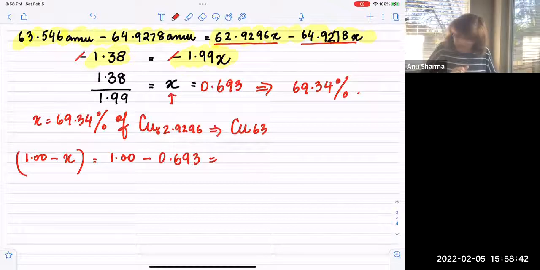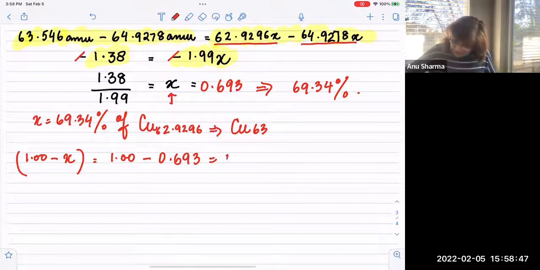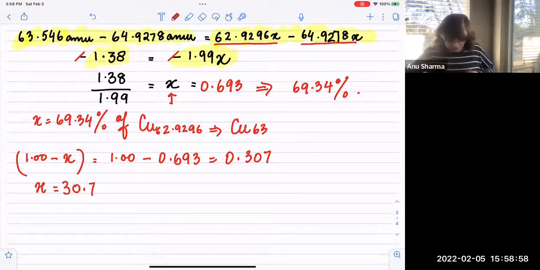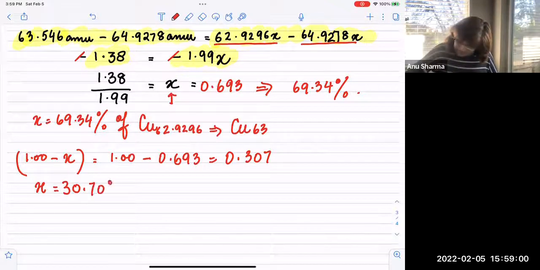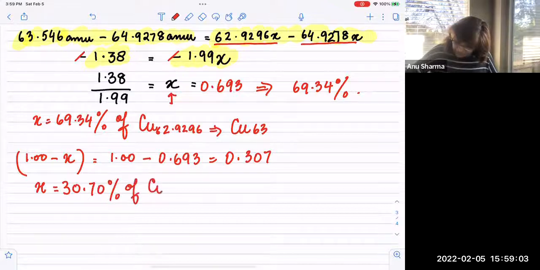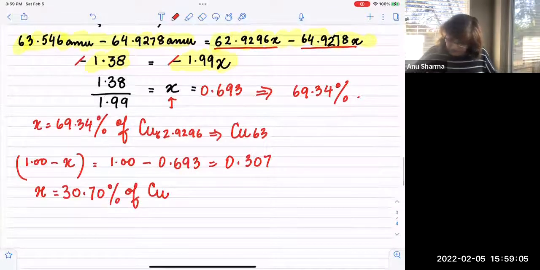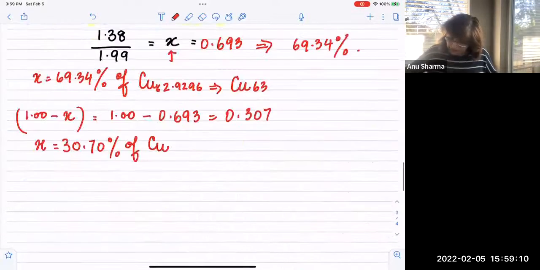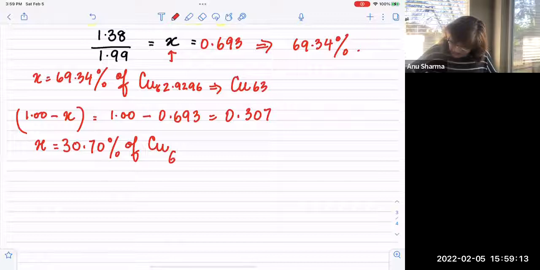So here, 1.00 minus 0.693, and you get 0.307, which is 30.70 percent, and that is of copper-65, the other one, with a mass of 64.9278.